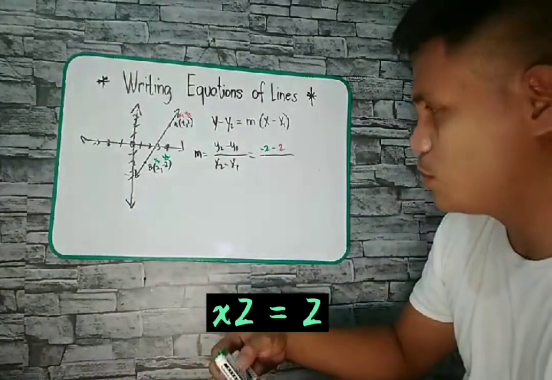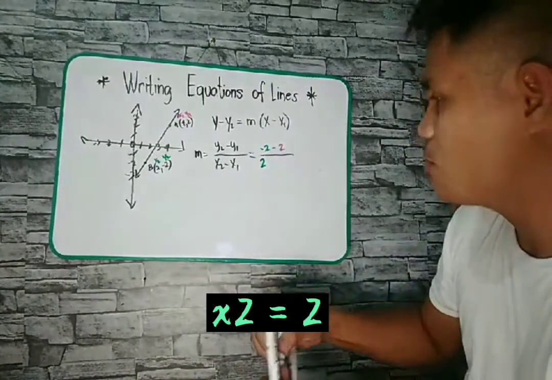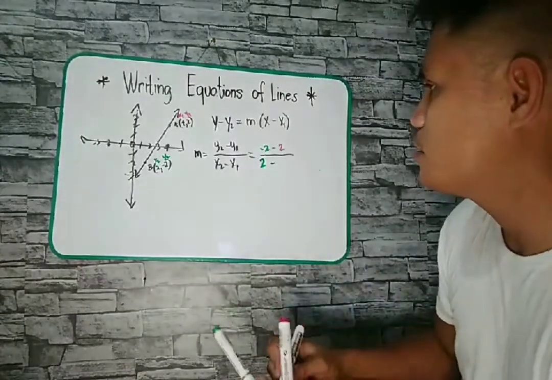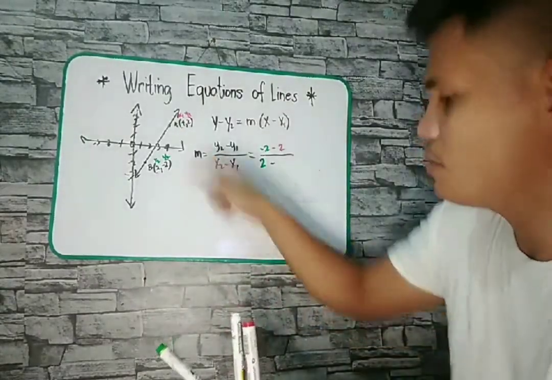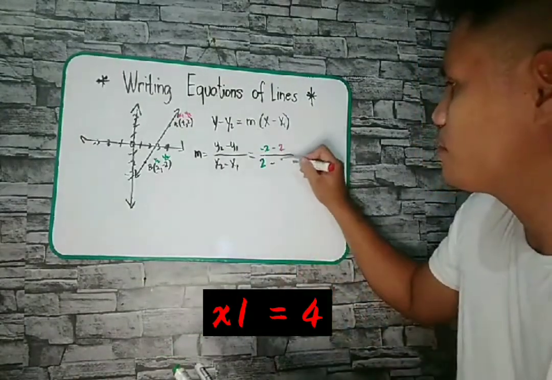And then what is x2? x2 is +2. So I'll be using red again. And then minus the x1. So there you go, +4.